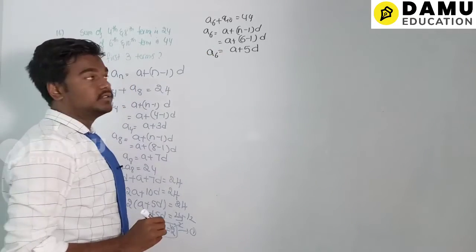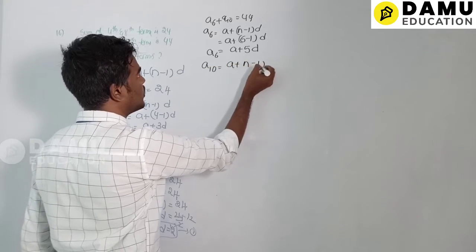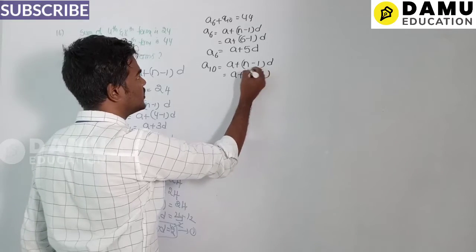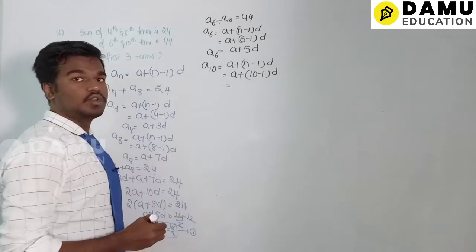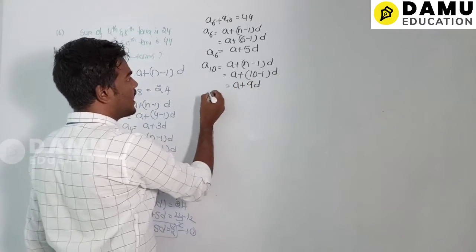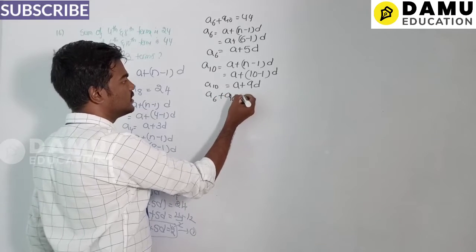Then the other term is A10. A10 will be equal to A plus (10 minus 1) into D, that is A plus 9D.